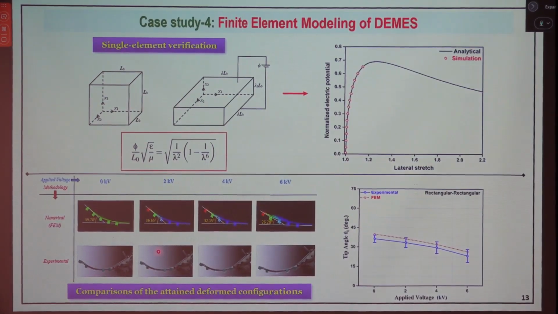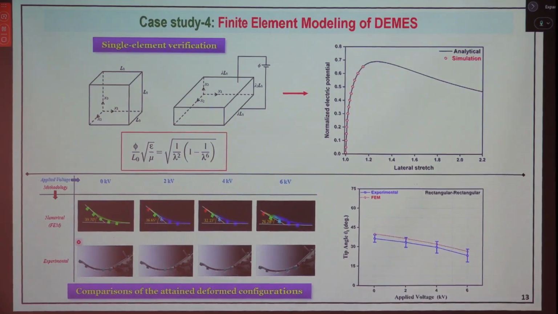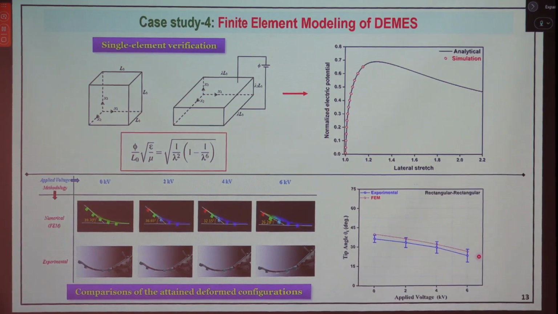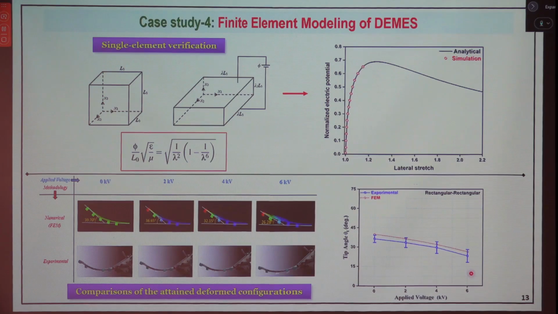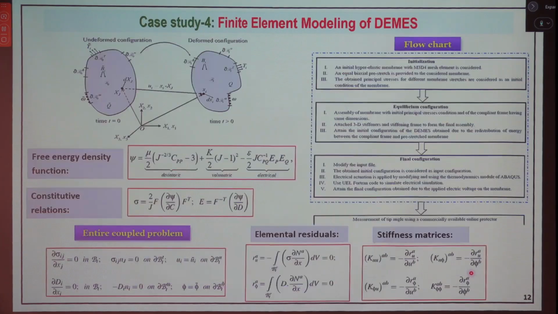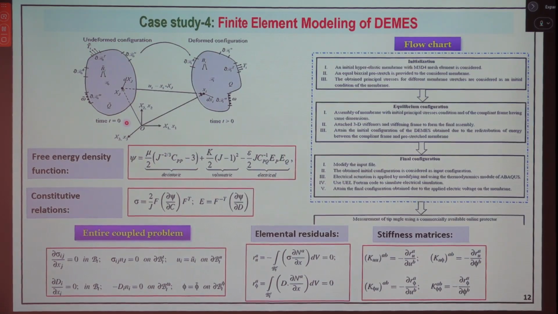We have also already carried out experiments, and we matched the experiment with the finite element code we developed. Again, you can see discrepancies there. The reason is that in the finite element, a lot of loopholes are there. We have not considered the viscoelastic effect that this dielectric membrane shows. We are considering a very simplistic case, because the equations are very complicated.